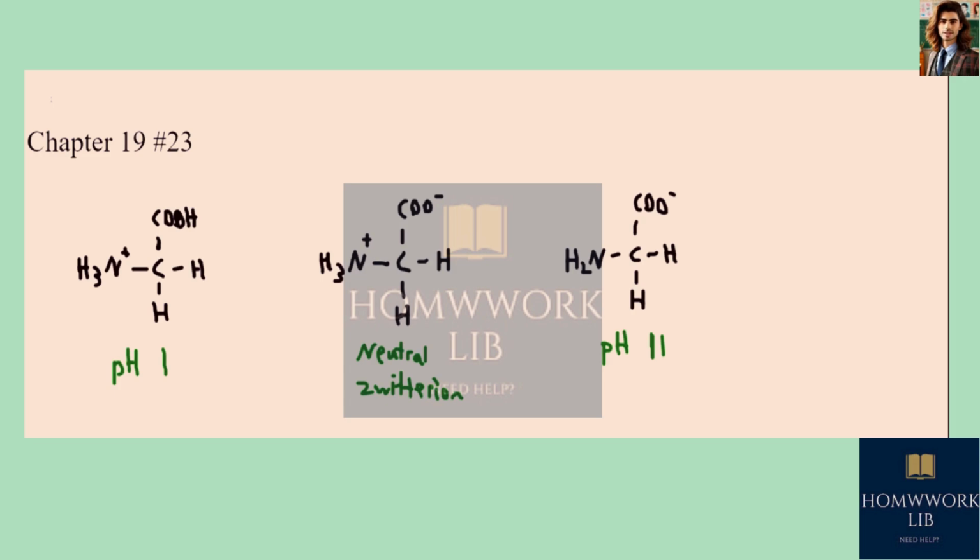And so if there are lots of hydrogen ions in solution, the amino acid will pick up a hydrogen ion to try to shift that equilibrium. And if there are very, very few hydrogen ions in solution, the amino acid can donate a hydrogen ion. And so that's the answer to Chapter 19, problem number 23.